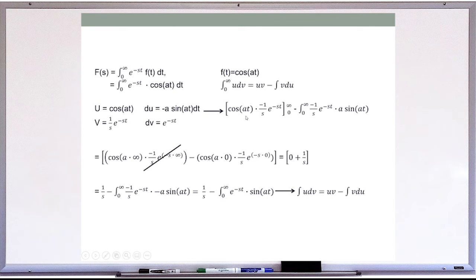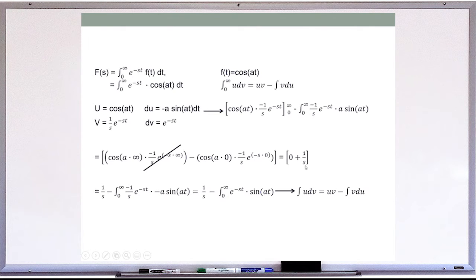Solving this first, we plug in t equals 0 and t equals infinity, and we get the answer of 1 over s.